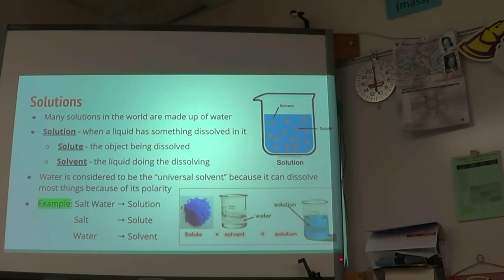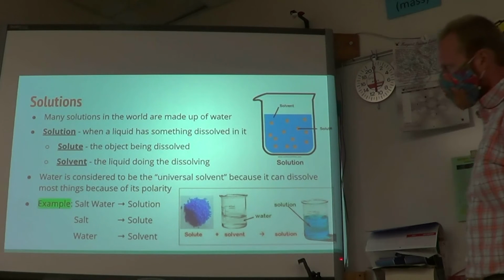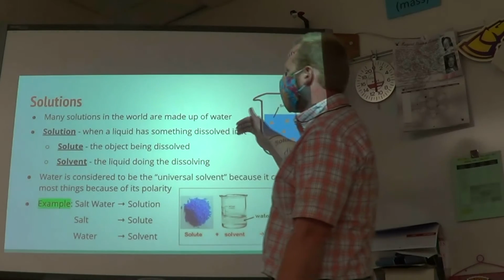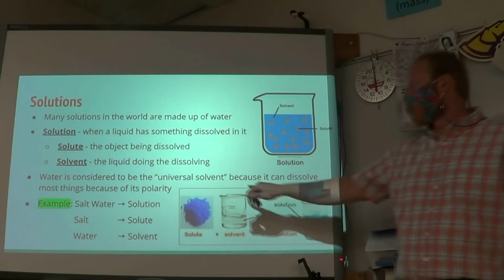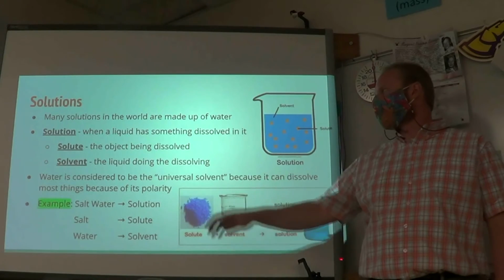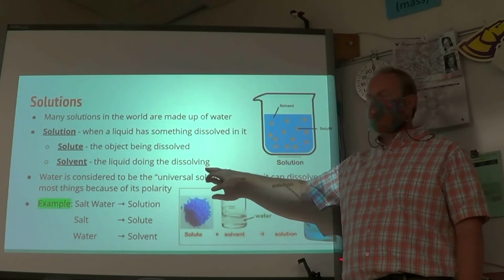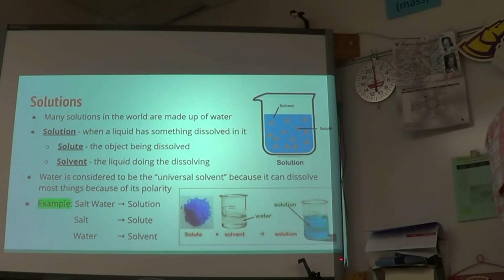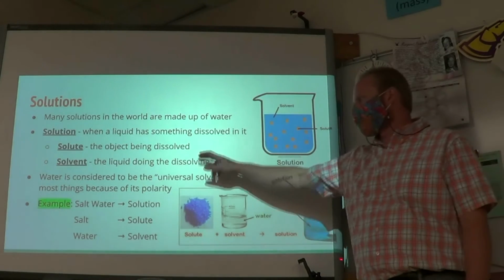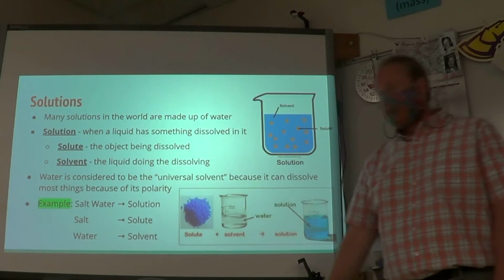This is just some general information. A solution is when we take a liquid and we dissolve something in it. Water is often referred to as the universal solvent. The solvent is the liquid that is doing the dissolving, where the salt is the thing that gets dissolved. So salt water is a solution.